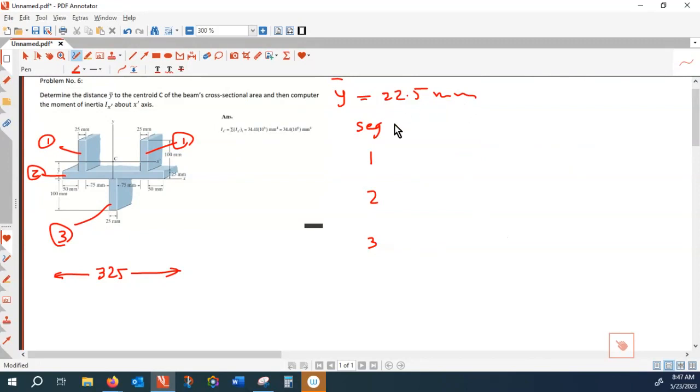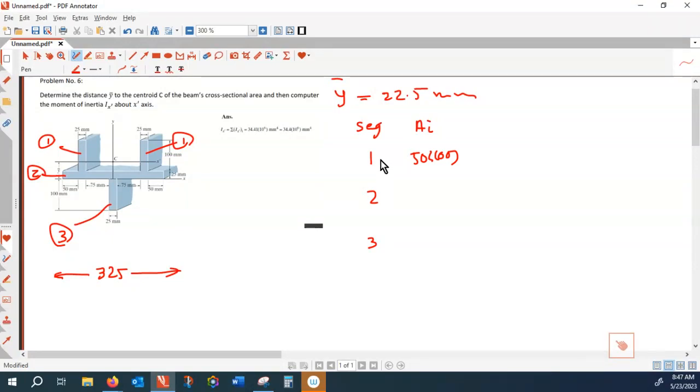And what we are interested in is the area of the segment. The first segment, because it's repeating and there are two of them, the area is 25 by 100 by 2. That is the area of the first one.